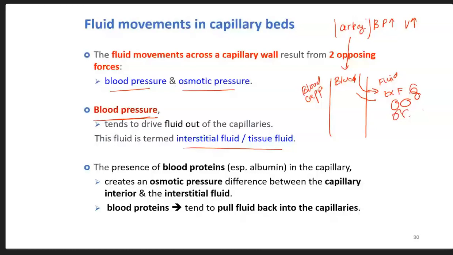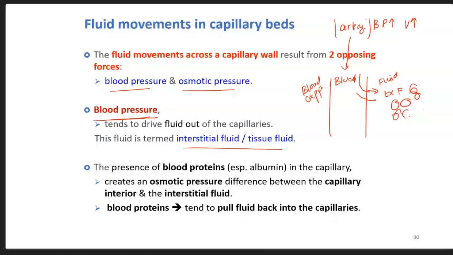So it says here blood pressure tends to drive fluid out of the capillaries. This fluid is termed interstitial fluid or tissue fluid. The presence of blood proteins such as albumin in the capillaries creates an osmotic pressure.